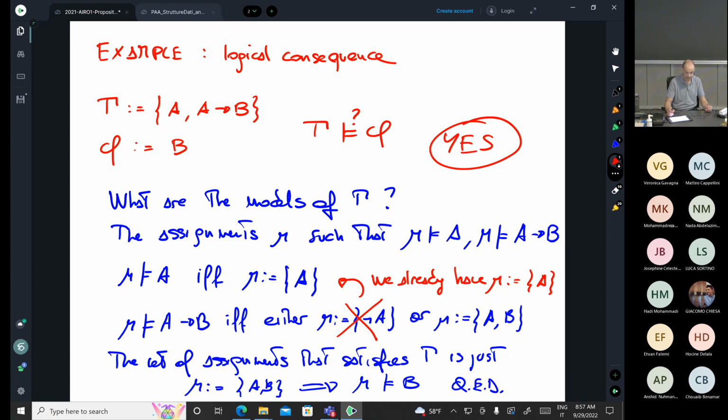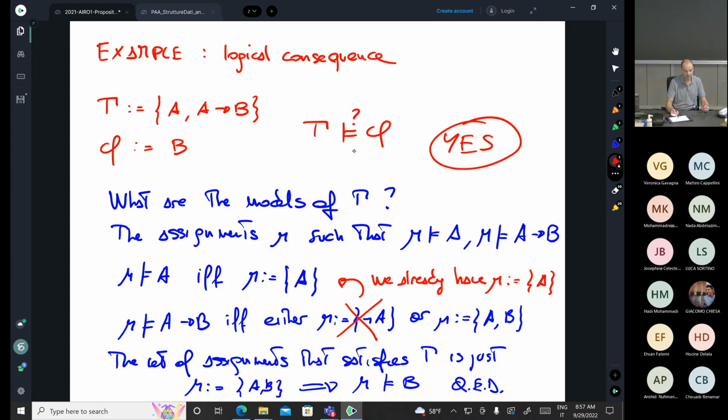We know that this is true if all the models of gamma are also models of phi. A model of gamma must satisfy all the formulas in gamma.